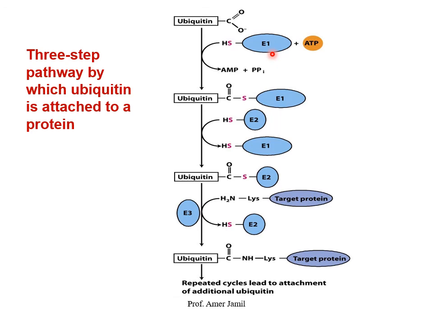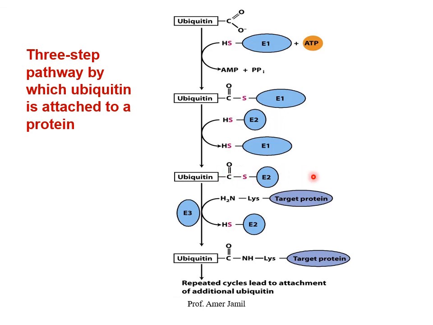For the protein which is going to be degraded, first this ubiquitin is activated with the help of E1. ATP is involved here, which is hydrolyzed to AMP and pyrophosphate, and this E1-SH along with this sulfur binds to the ubiquitin, and then comes E2-SH, and this E1 is released and E2-S is bound here.